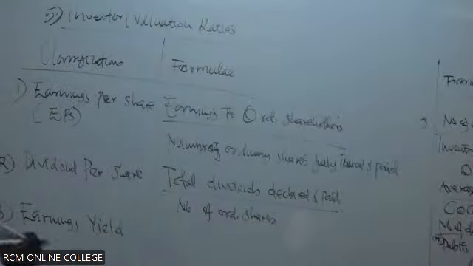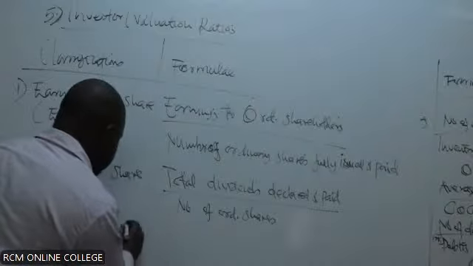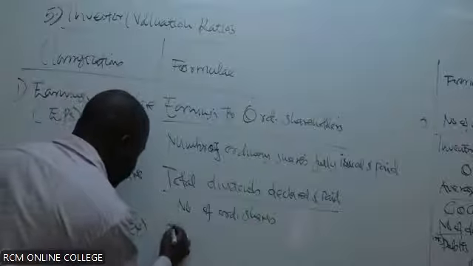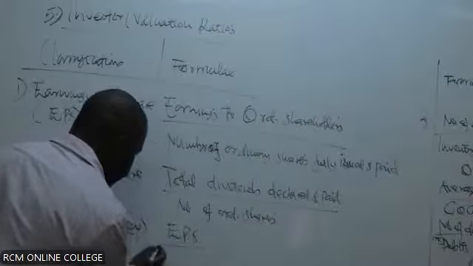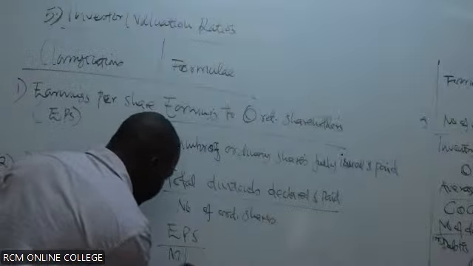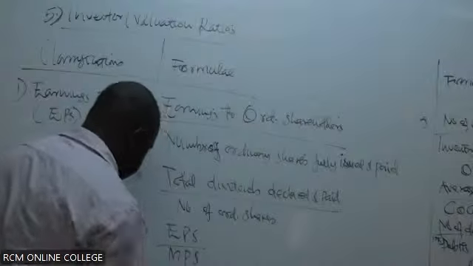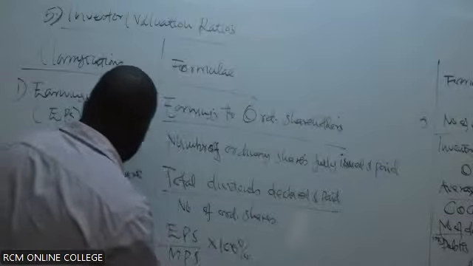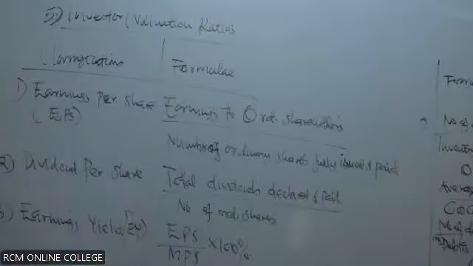The formula is earnings per share divided by market price per share, multiplied by 100%. It is a yield. So earnings yield is earnings per share divided by the market price per share.